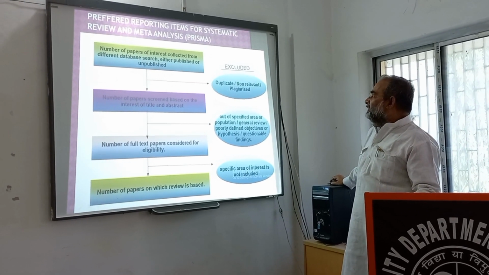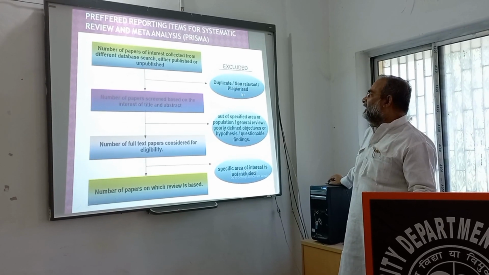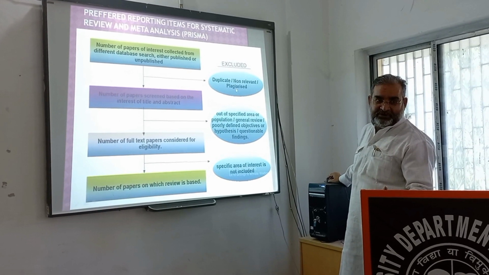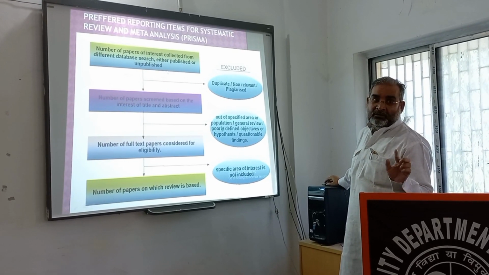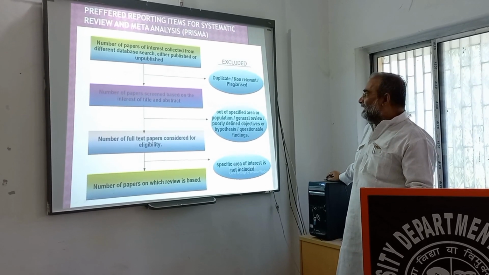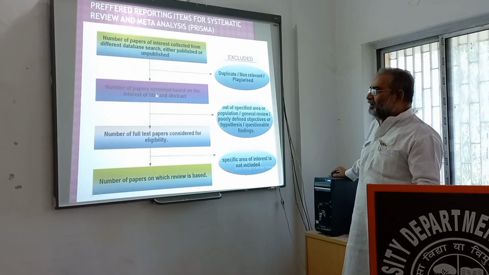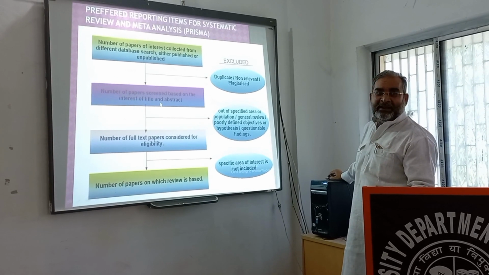And then you first exclude the duplicate, non-relevant and irrelevant papers. That means if you collect n number of papers, here n minus x is carried forward for the number of papers established based on the interest of title and abstract.